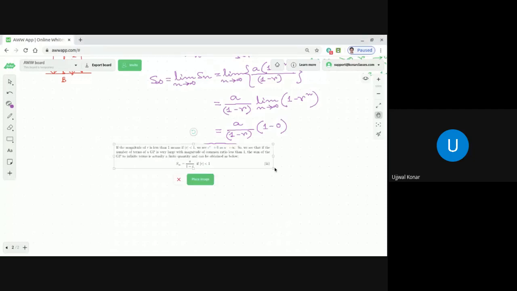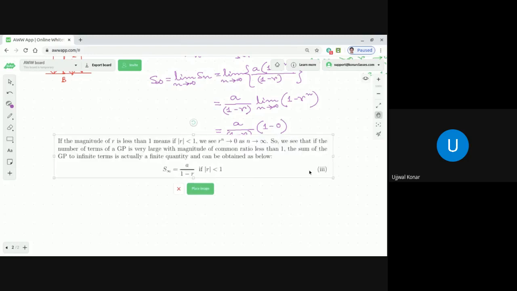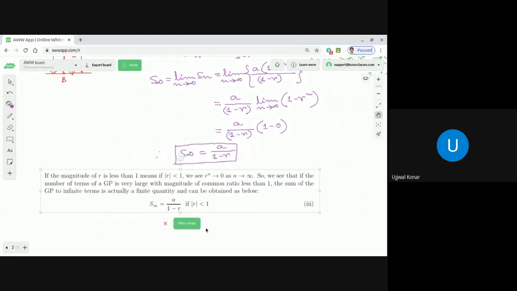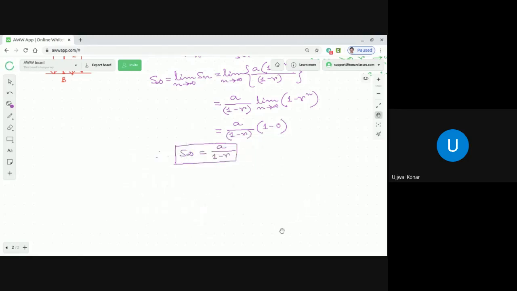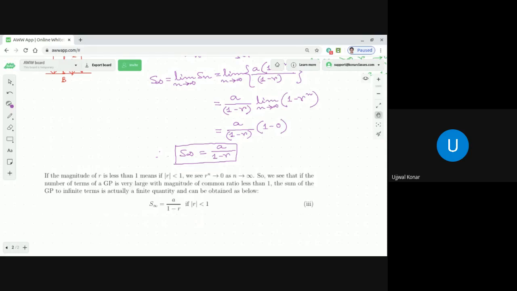Now about this particular theory, dear students. If the magnitude of r is less than 1, meaning mod of r is less than 1, and magnitude is a non-negative value, then r power n tends to 0 as n tends to infinite.